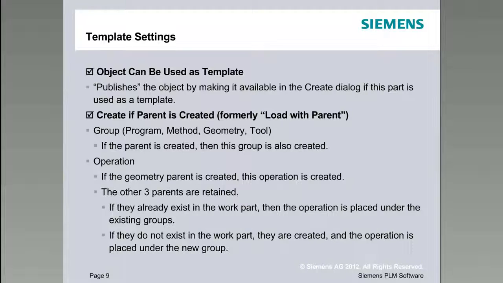That's pretty easy. The second one is a little trickier. It says create if parent is created, and we used to call this load with parent. What this means is if the parent is created, then this is created. In the case of a group, it's fairly straightforward.